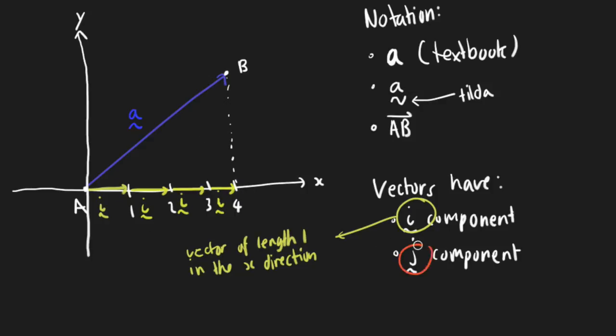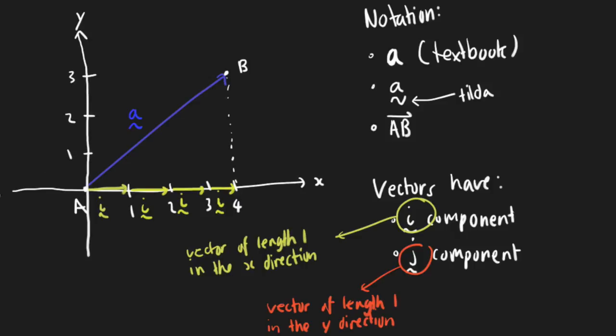And the j component, the definition is pretty much the same, except it's in the y direction, right? So it's a vector of length 1 in the y direction, or in the up direction. So it's a vector of length 1 pointing up. Right, so let's say maybe this goes up to 3 here.